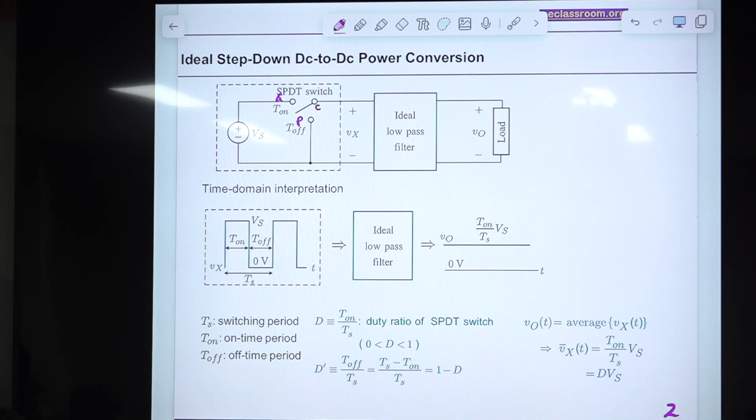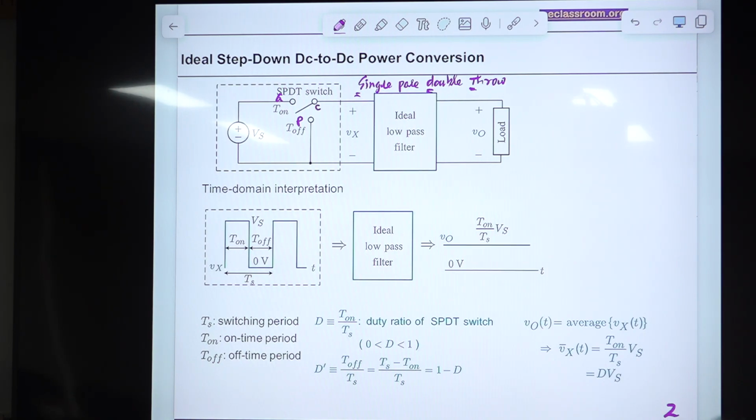Maybe I mixed the names of these ports previously, so this is the correct one. Single pole, double throw: SPDT switch.